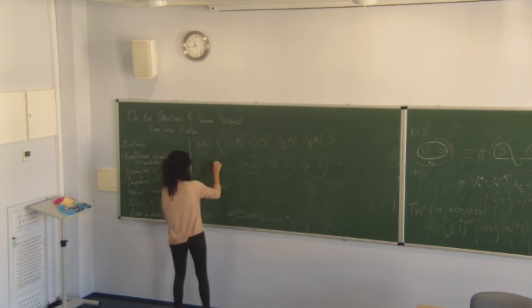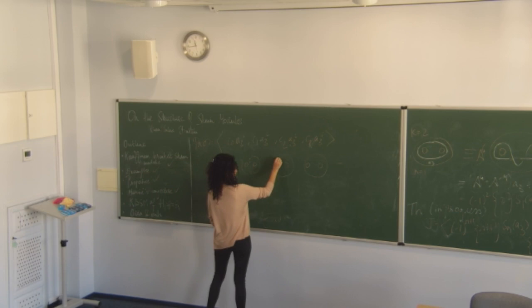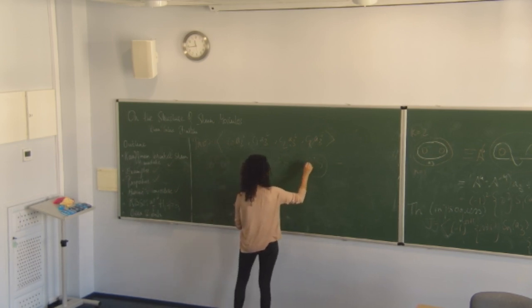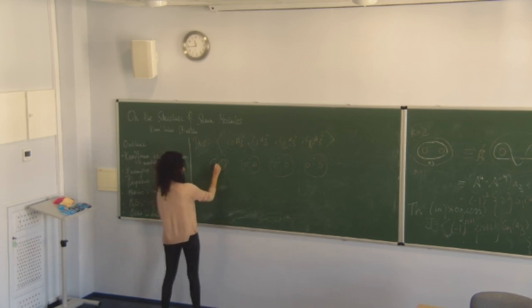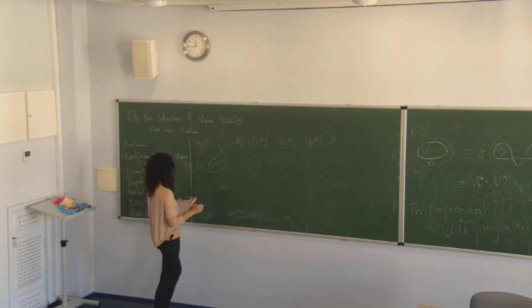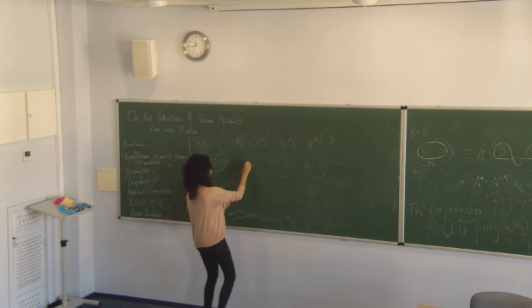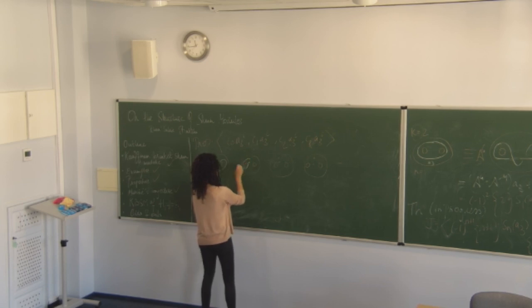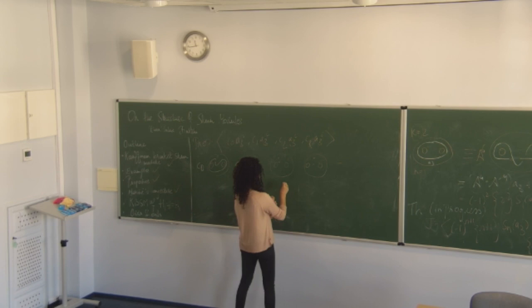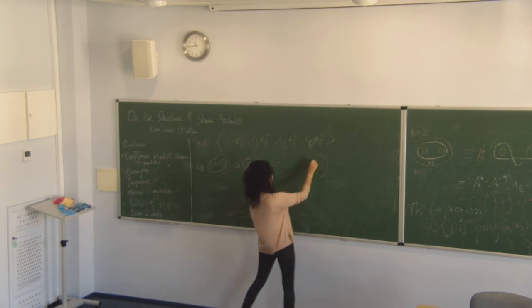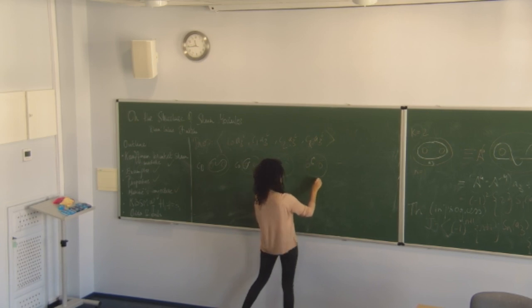So we have 2 marked points, 2 marked points, 2 marked points, and 2 marked points. And so this is the relative curve C0. This should be the relative curve CR.